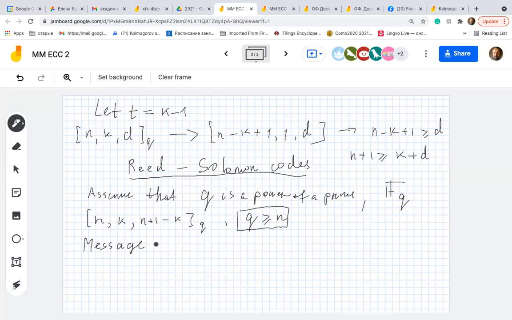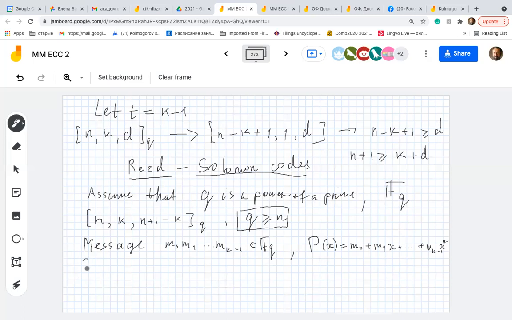So the message, say m0, m1, ..., m(k minus 1), which is the sequence of letters, that means the sequence of elements of the field, will be viewed as the polynomial p of x, which is m0 plus m1 x plus ... plus m(k minus 1) x to the k minus 1. So this is a degree k minus 1 polynomial.